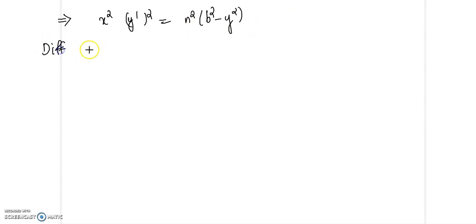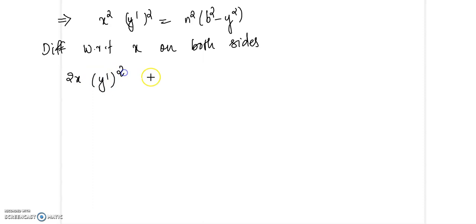So that will bring y2. Differentiate with respect to x on both sides. So that is going to give 2x y dash square plus x square into the derivative of y dash square, which becomes 2y dash into y double dash by chain rule.